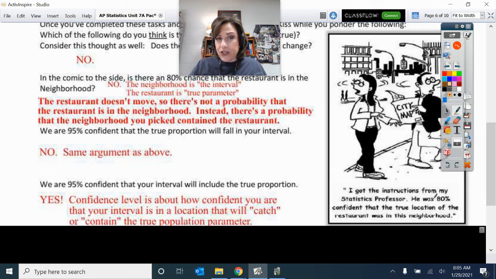He was 80% confident that the true location of the restaurant was in this neighborhood. So there's actually a problem with this statement, and we're going to talk about that. I think having this concrete example will make it make a little more sense. So let's take a look at that.